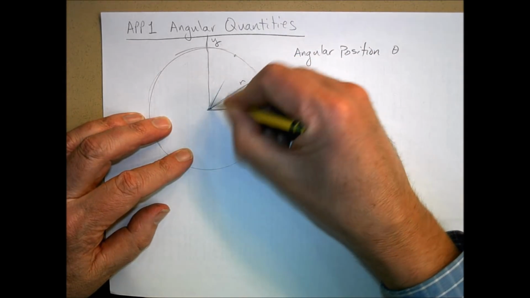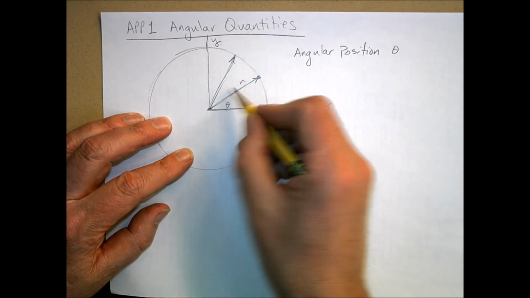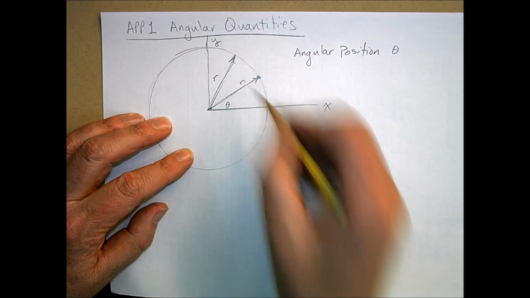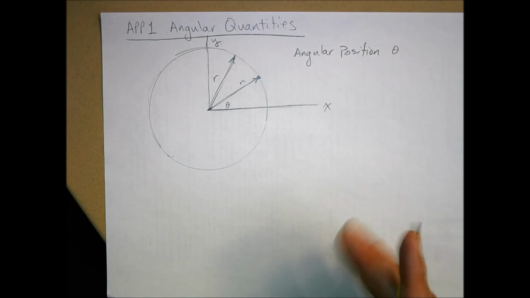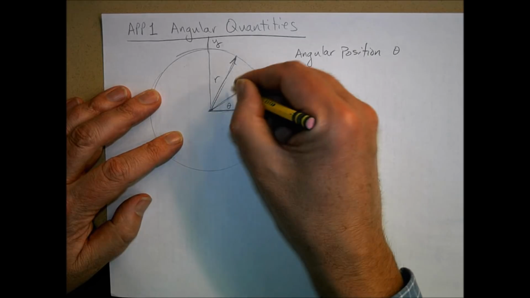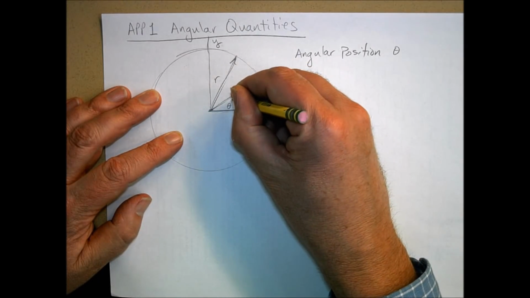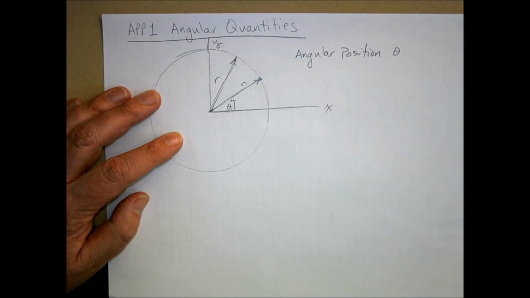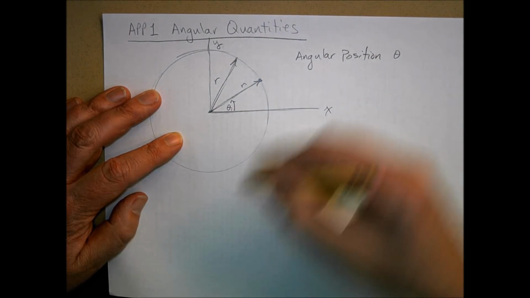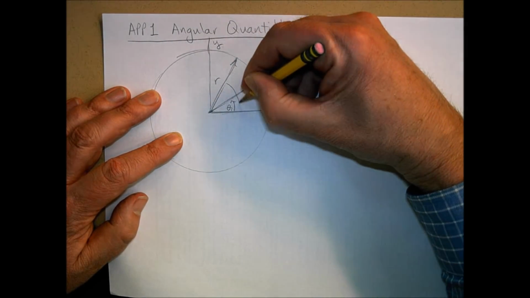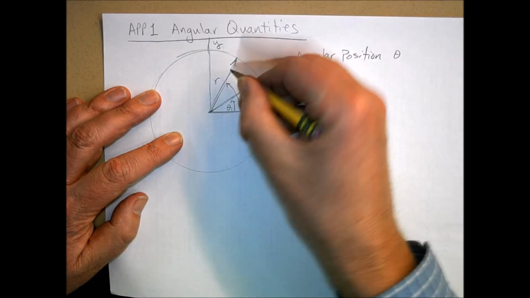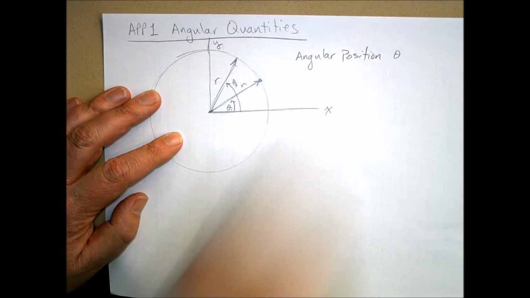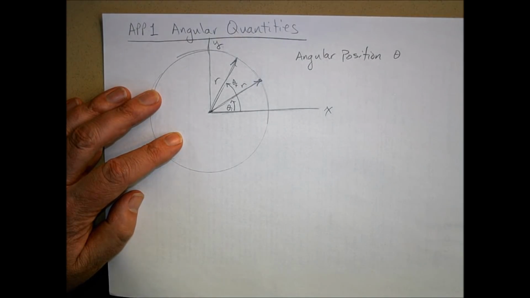The length of the radius hasn't changed, but theta has. Here's our initial angular position, we'll call that theta sub i, the initial angle. And here's theta final.